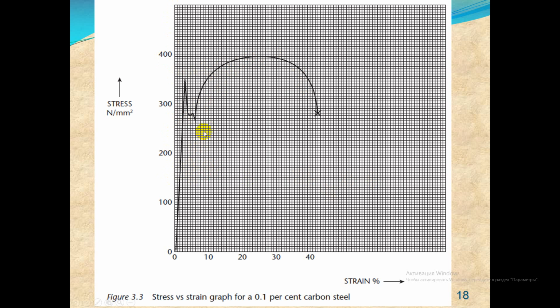To answer these questions, we need to take a look at the structure of metal, that is, at how the atoms of which they are composed are arranged. So, that was a stress versus strain graph for a 0.1% carbon steel.